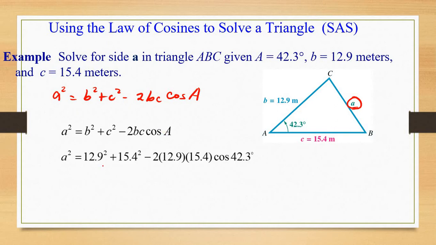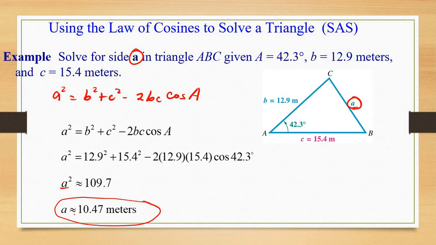We have B is 12.9, C is 15.4, and then we have the angle at 42.3. Using your calculator, if we solve this, then we have A squared is equal to 109.7. However, we are supposed to solve for side A. So we get the square root of both sides, giving us A is equal to 10.47 meters.